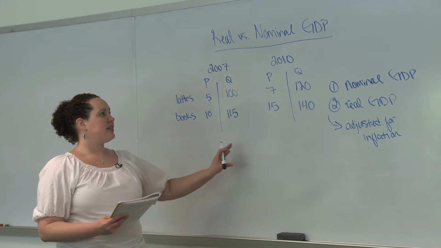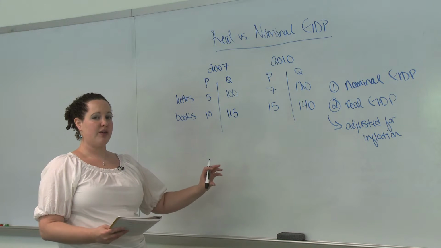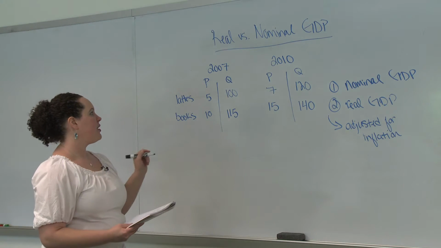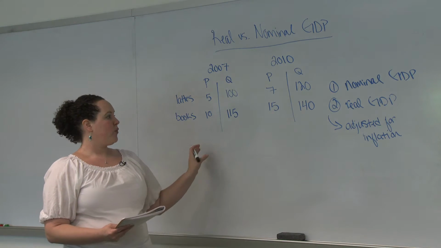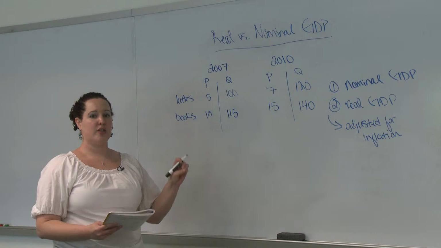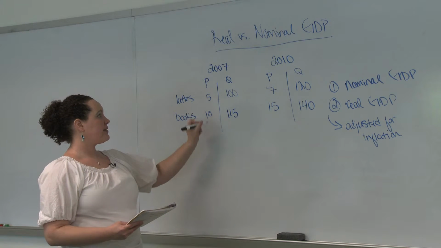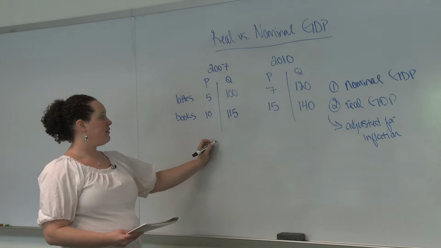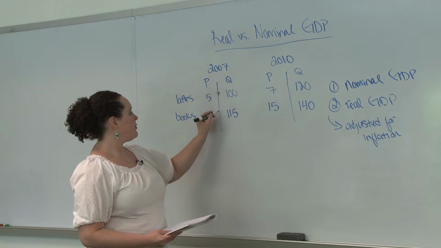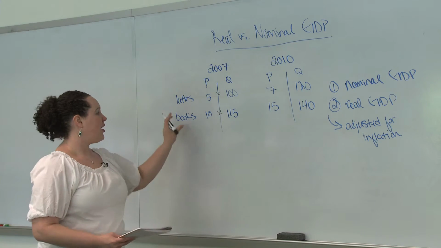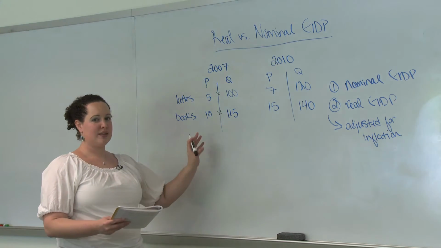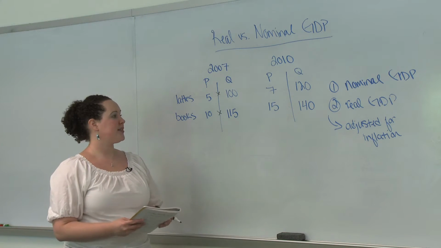So this is a very simplified example of how we calculate nominal versus real GDP, but it's got the basics down. So nominal GDP, when we're looking at an example like this, because we said nominal is current year prices, if we're asking for the nominal GDP of 2007, we would just do 2007 prices times 2007 quantities. And obviously this is a very simplified economy of just lattes and books, but this is, again, similar to something that you'll see on your test.